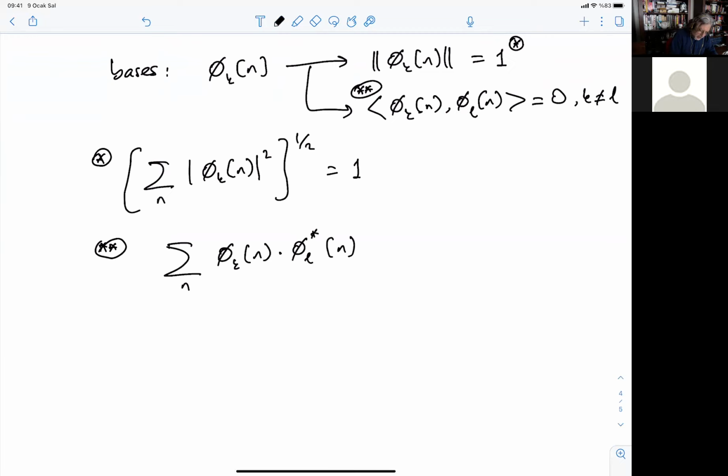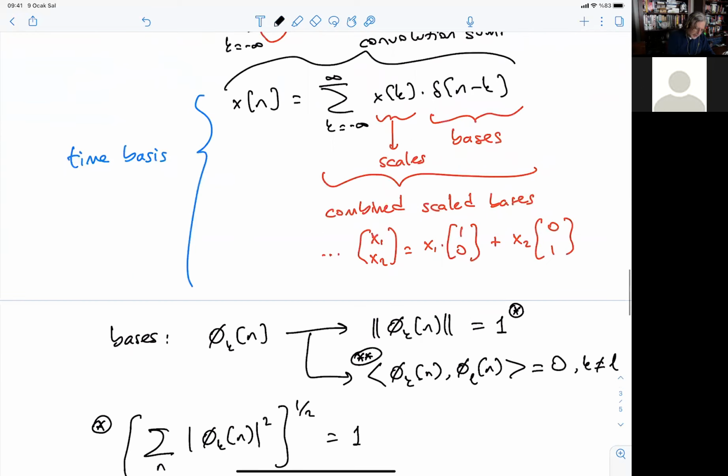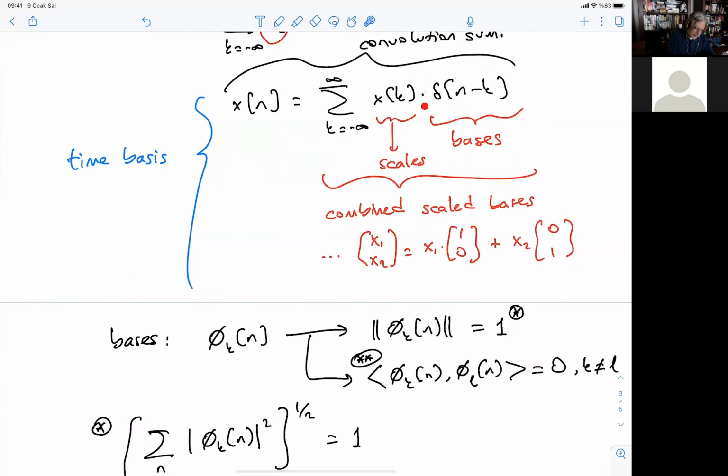This summation must give you 0 if k is different than L. Now let's go back to our example of phi k of n is equal to delta n minus k. Are these orthonormal?